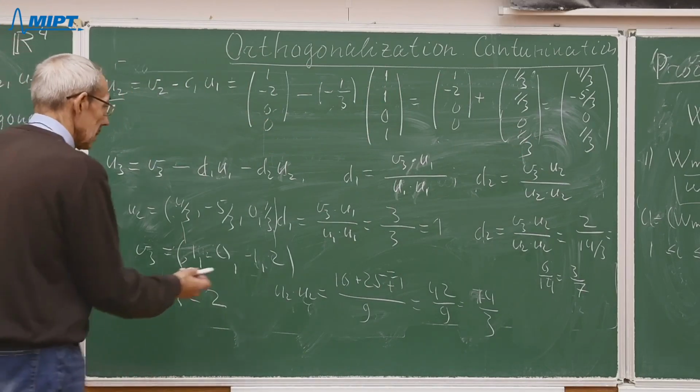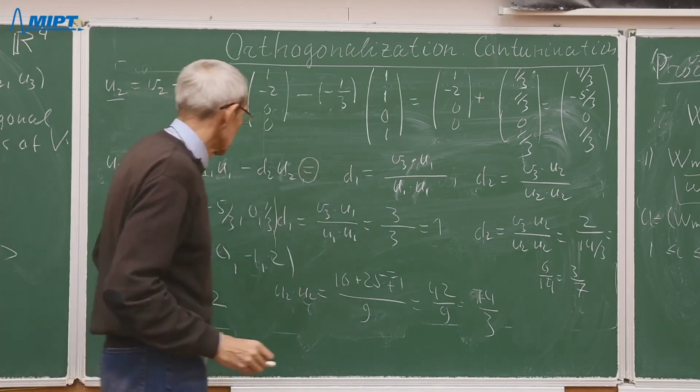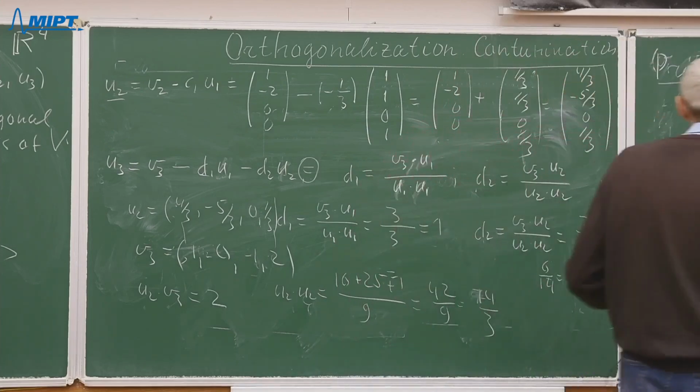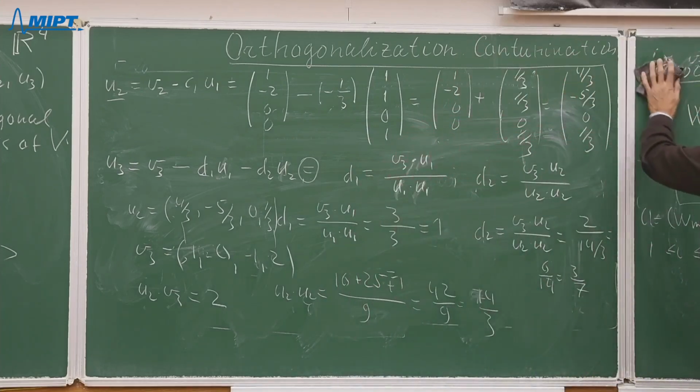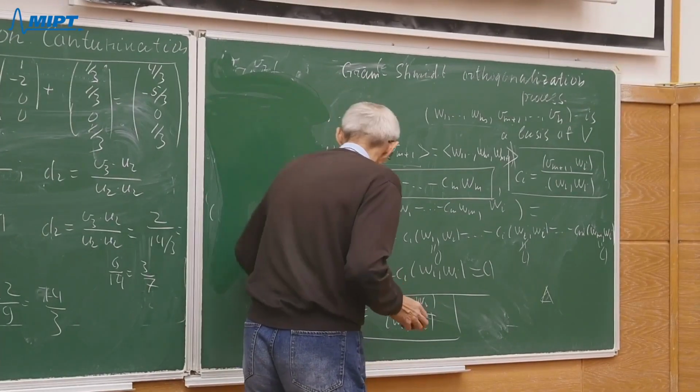And we can substitute the values of these coefficients into this expression, and we can calculate the last vector of our orthogonal system.